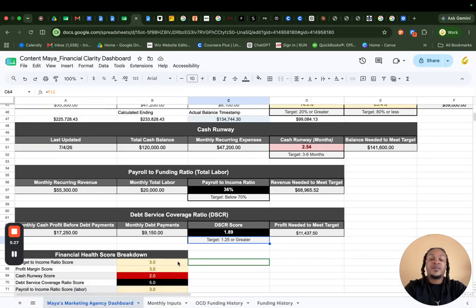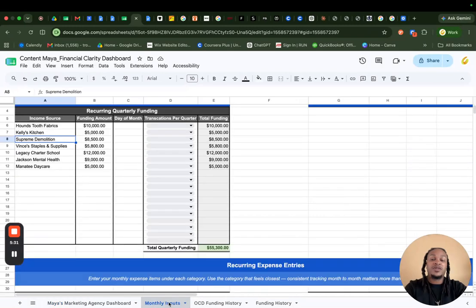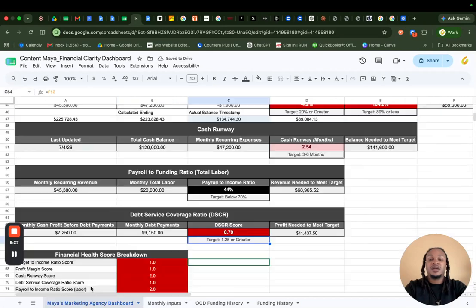So we're going to keep our debt payments at $9,150, but we're going to decrease our monthly retainer again by $10,000 because we're losing that client. Our DSCR score went down to 0.79. And then we're also at $17,250 right now. Our monthly cash profit before debt payments is at $7,250. If you divide $7,250 by 9,150, you will get 0.79.